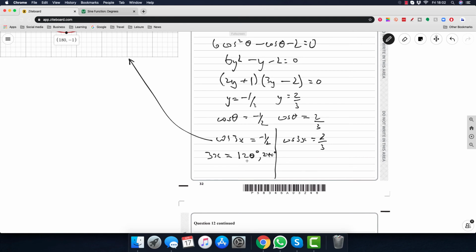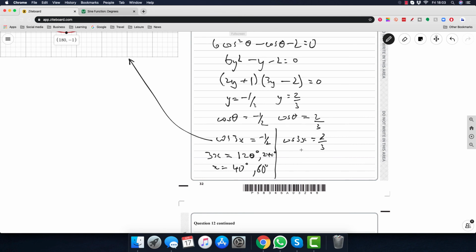If I subtract 360 from either of these two, I'm going to get a negative number, and we don't want negative numbers here because we only want anything between 0 and 90. And if I add 360 onto 120, that will be 480, and then when I divide that by 3, it'll be 160, so it'll still be too big. So these are the only two that I need, and then I can just divide both of these by 3. So we're going to get 40 degrees and 80 degrees.